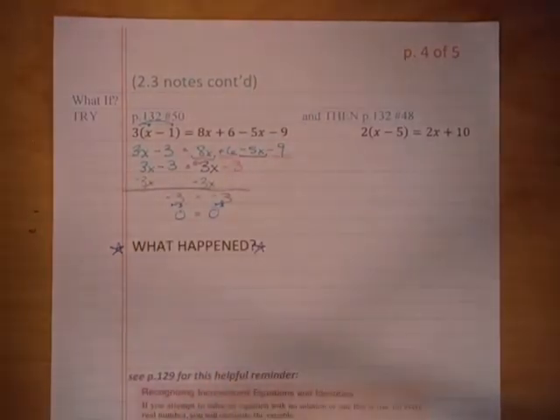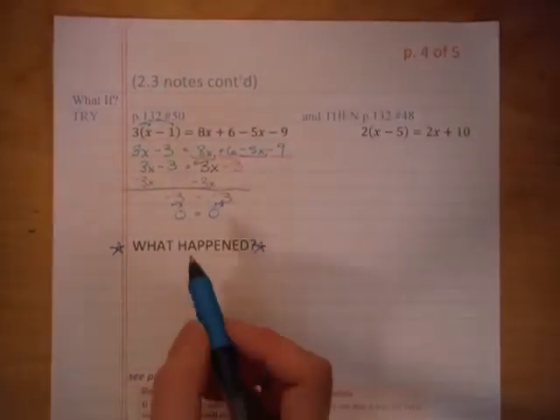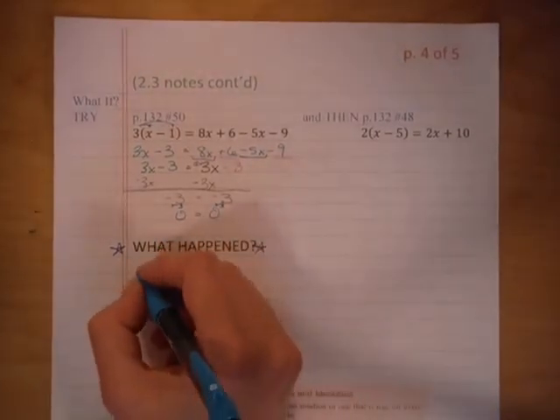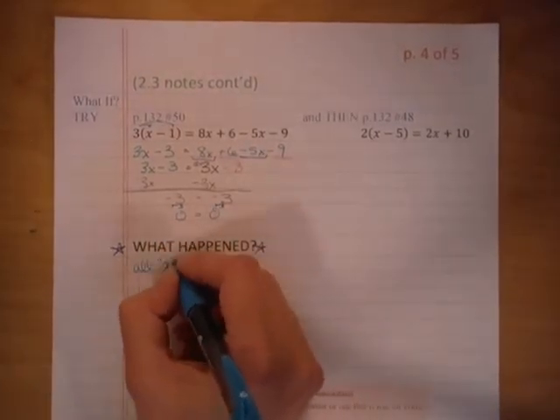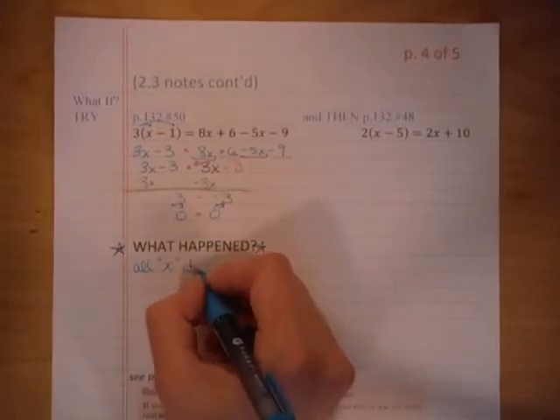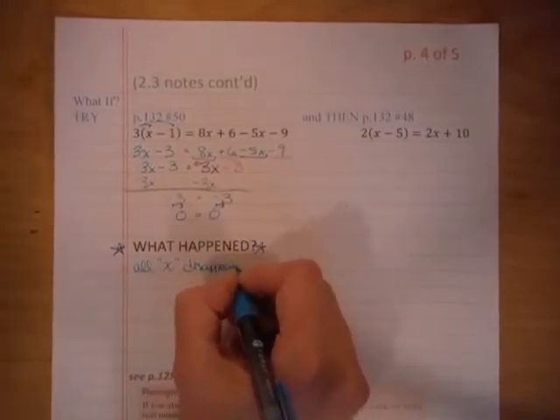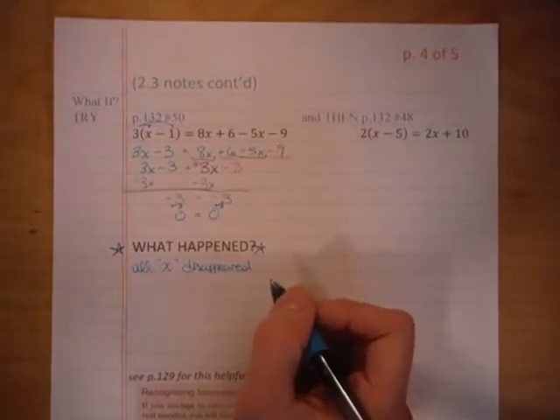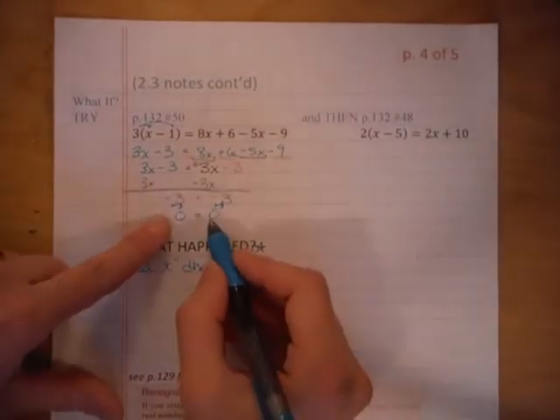Okay, so what happened? Well, all the x's fell away. So all the variables disappeared when we followed our steps. We didn't do anything wrong. All our x's disappeared. And what we ended up with was 0 equals 0.